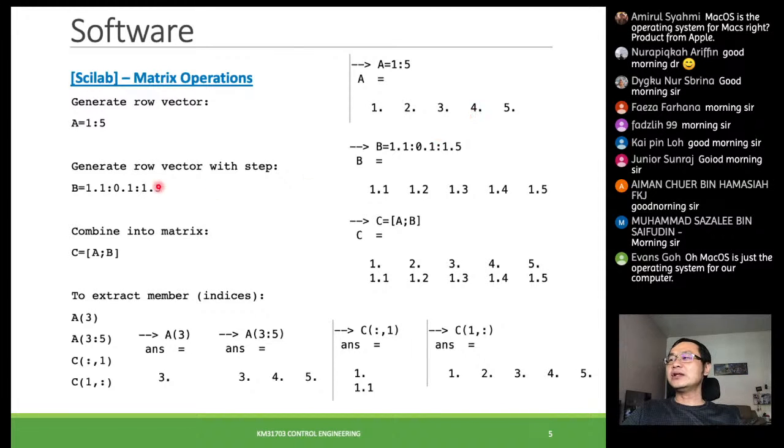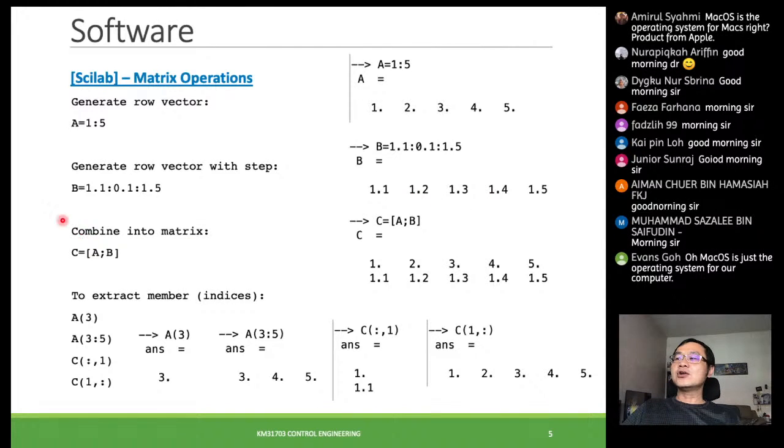If you want to generate with a step, 1.1 is your starting value, 1.5 is your end value, and 0.1 will be your step, how much you want to jump. Since I put 0.1, every time it will jump from 1.1 to 1.2, 1.3 and so on.